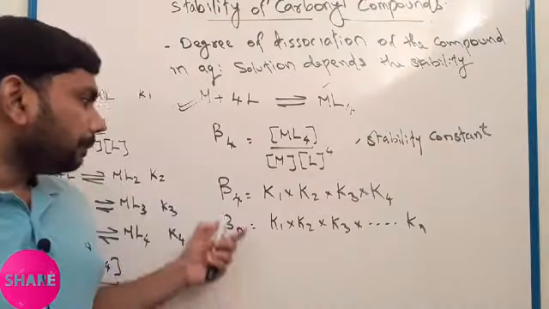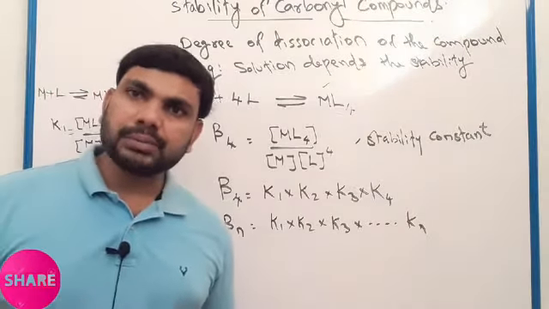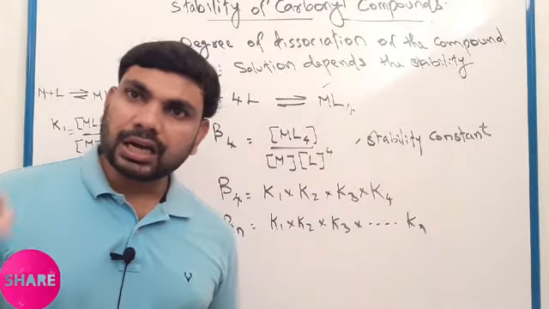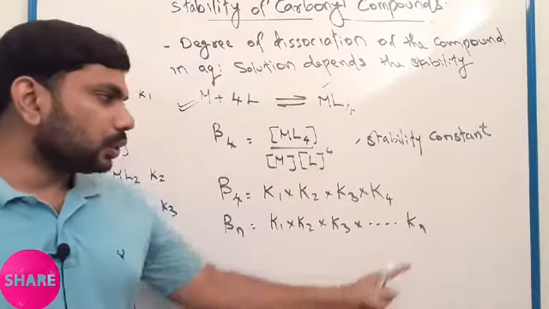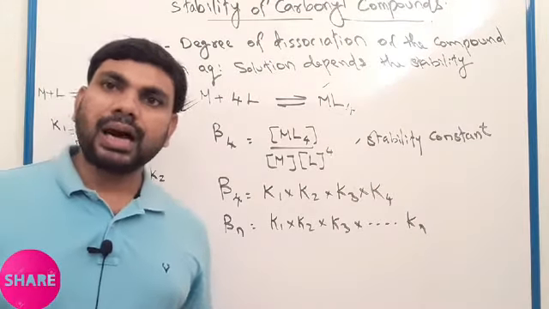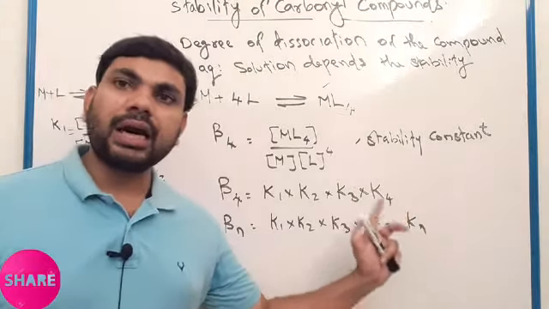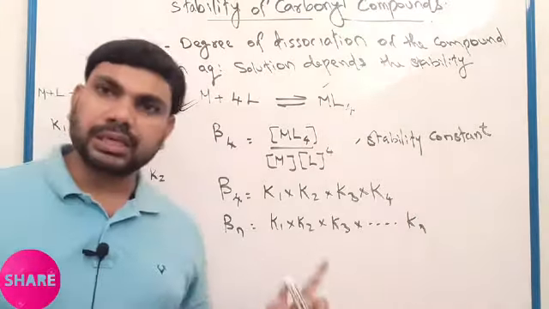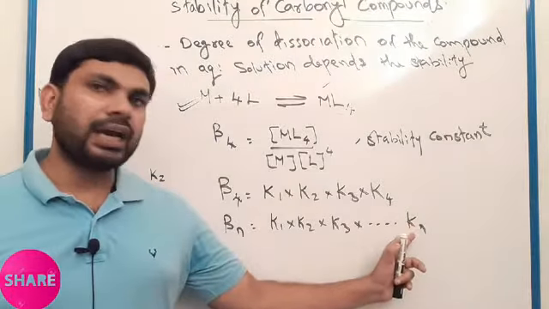So you can say beta n equals K1 times K2 times K3 and so on until Kn. If there are 10 steps, you have to go till K10. If there are 100 steps, you have to go till K100, K1 times K2 times K3 till K100. So generally we can say Kn.